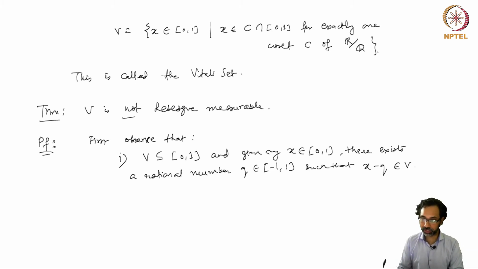So this is by the construction of the Vitali set, because we are choosing only one number from each coset C intersection [0, 1].